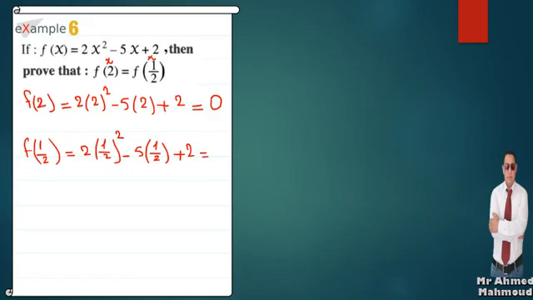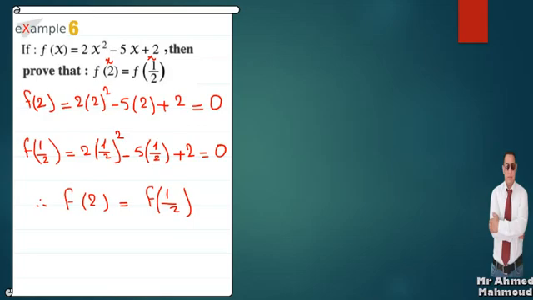It's equal 2 times half power of 2, 2 times quarter, equals half plus 2 equal 2.5. 2.5 minus 2.5 equals 0. Therefore, f of 2 equal f of 1 over 2. Both of them equal 0.